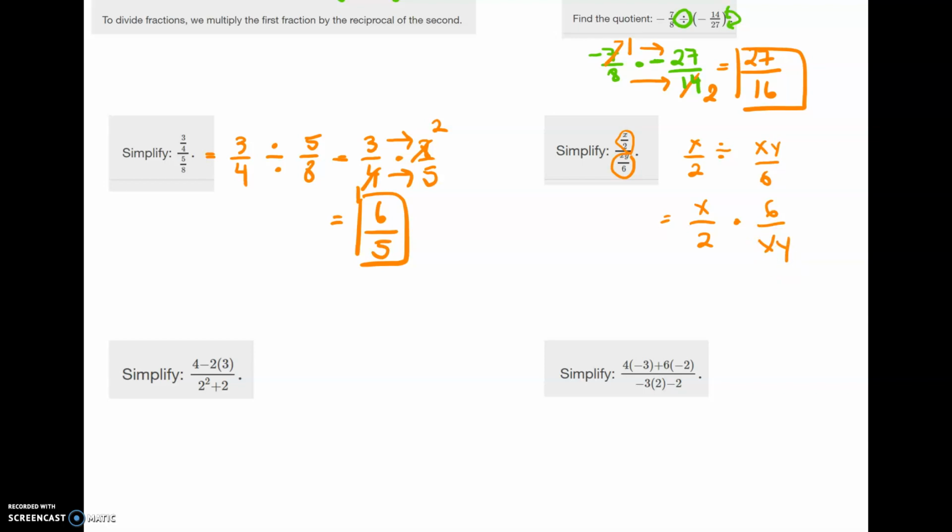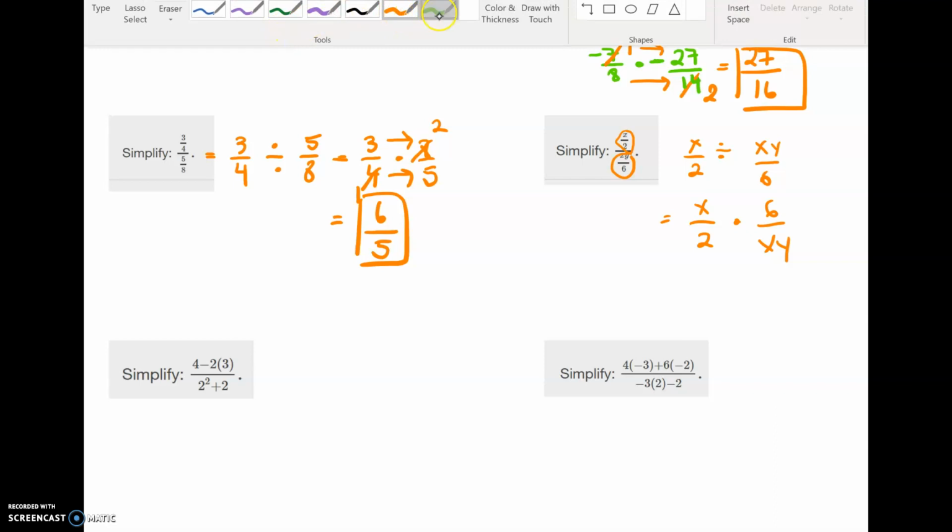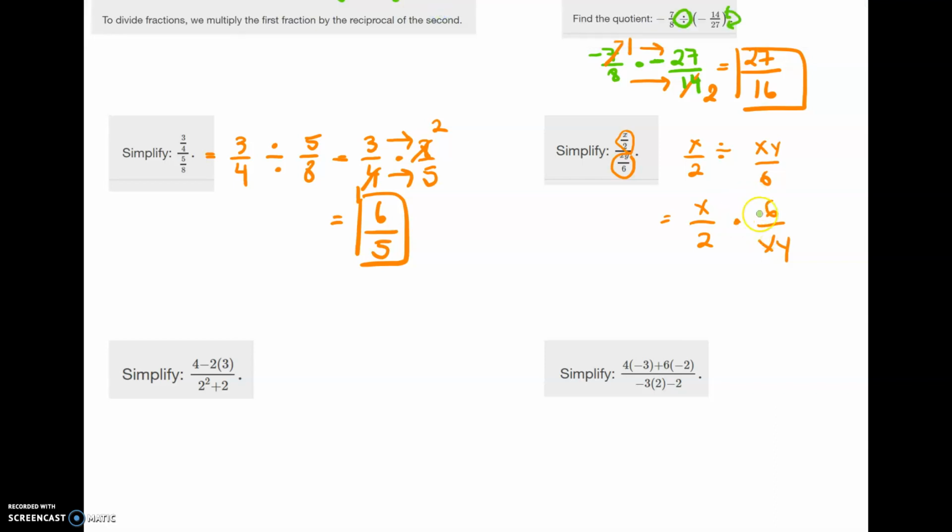Now, I am going to change colors for this one just because I don't want to get us confused with the x's. So x goes into x once, x goes into x once, so the x's cancel. And 2 goes into 6 3 times, and 2 goes into 2 once. So now we do top with top, bottom with bottom. So this becomes 3 over 1 times y, which is just plain old y. And that is our final answer.